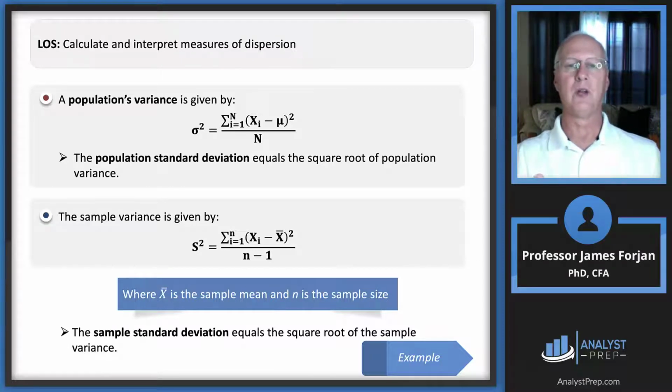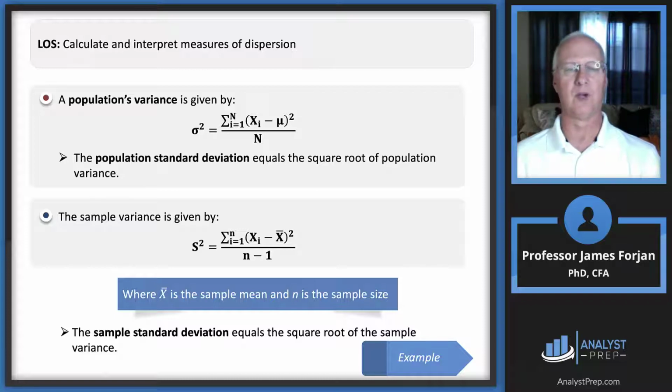Now, you should be noticing that the population variance and the sample variance pretty much look like the same equation, and in fact they are. However, in the population standard deviation, we are going to divide by n. In the sample standard deviation and variance, we're going to divide by n minus 1.